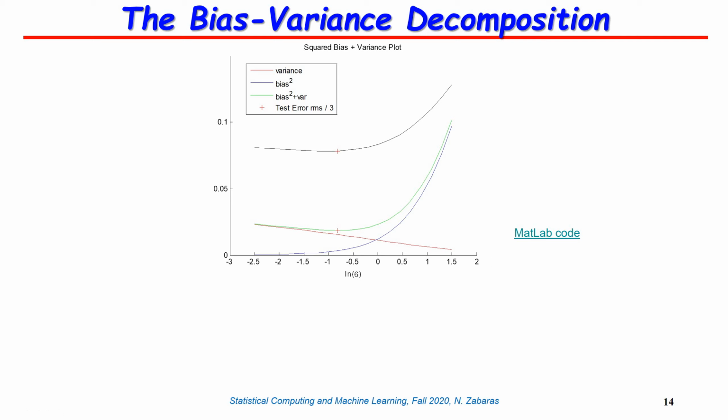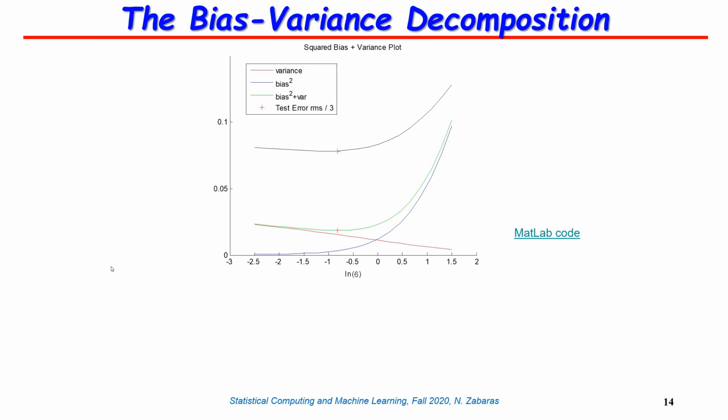When the regularization parameter is small, we have very large variance. That's our overfitting. You can see that the bias is very small.